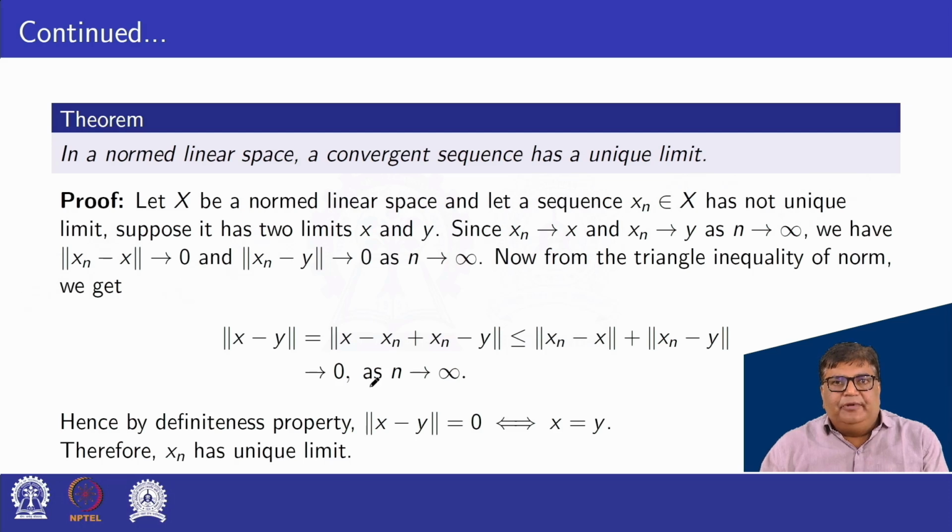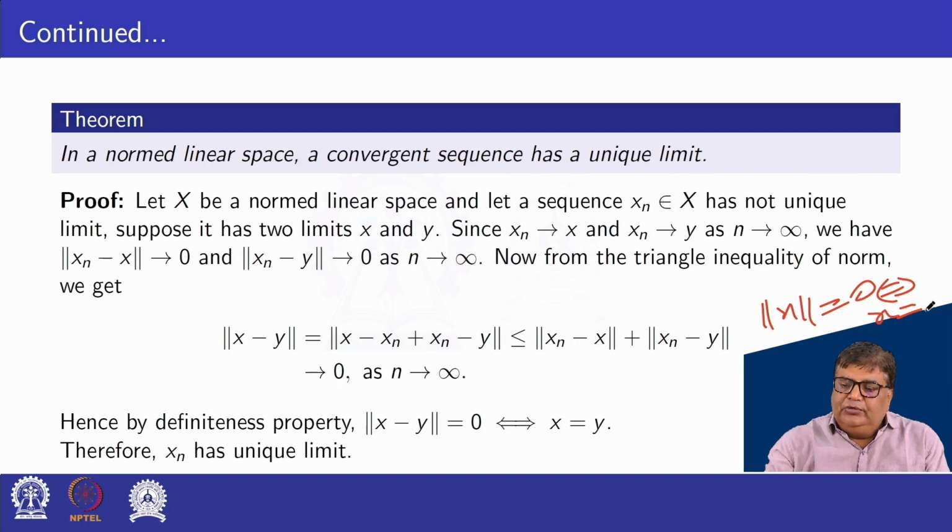So by the second property of norm, that is norm x equals 0 if and only if x is equal to 0, applying this property, norm x minus y tends to 0.